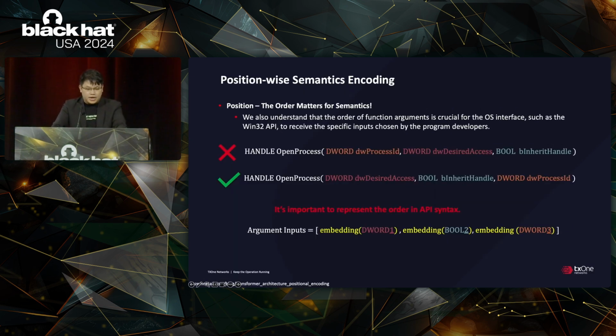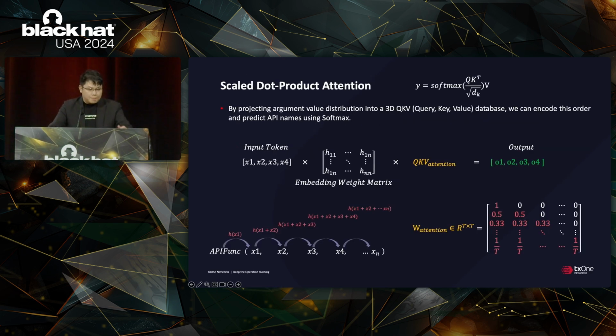Sequentiality is closely related to the importance of semantics here, and that's why we apply precision-wise semantic encoding to our attention model. Because scaled dot product attention can effectively capture not only the numerical distribution typically found in API parameter data, but also the different semantics that each API parameter's precision should exhibit through precision encoding in attention, it can relate the data more accurately.